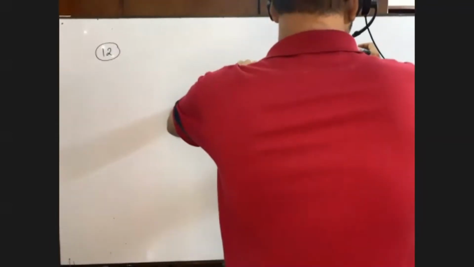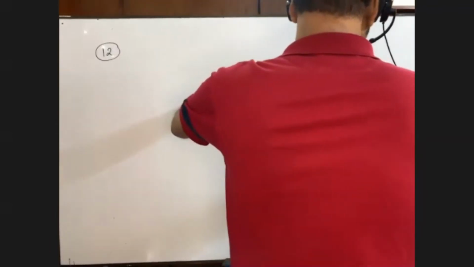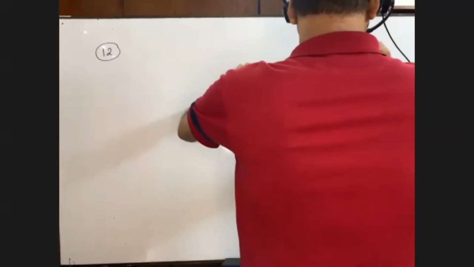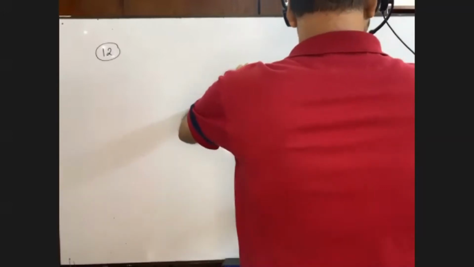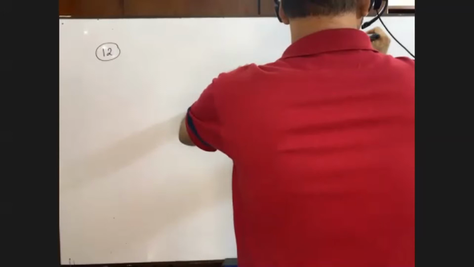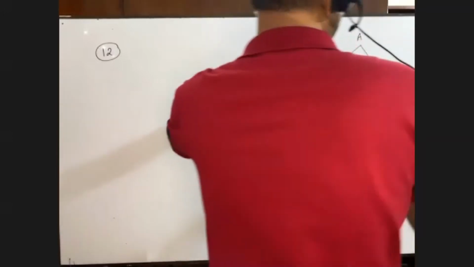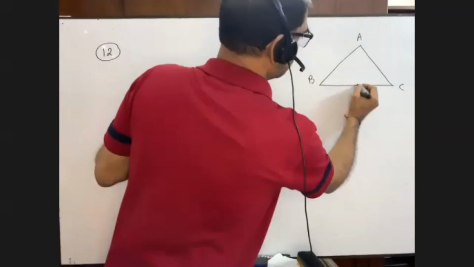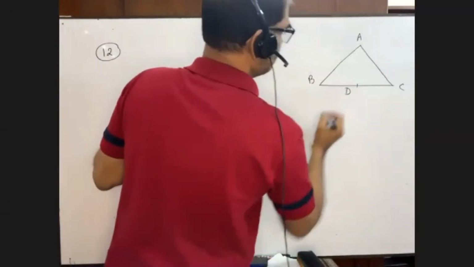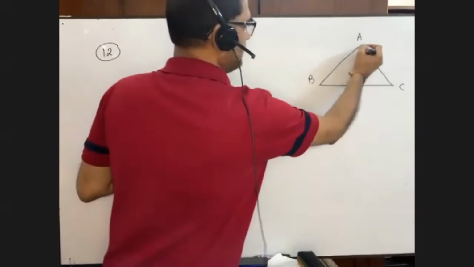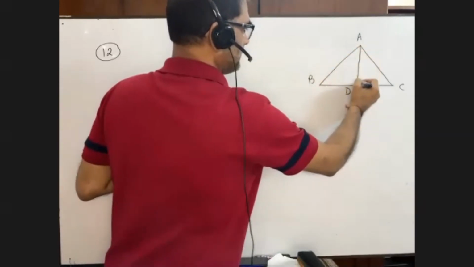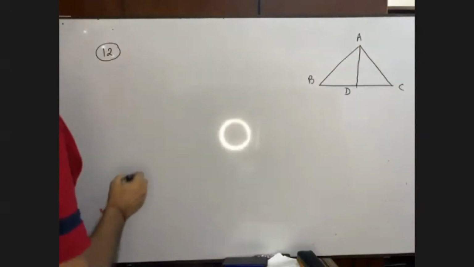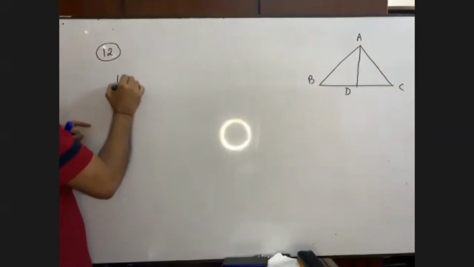Suppose it is a triangle ABC, and D is the midpoint. AD have been joined.